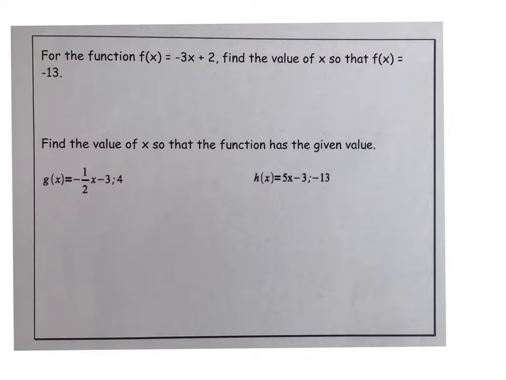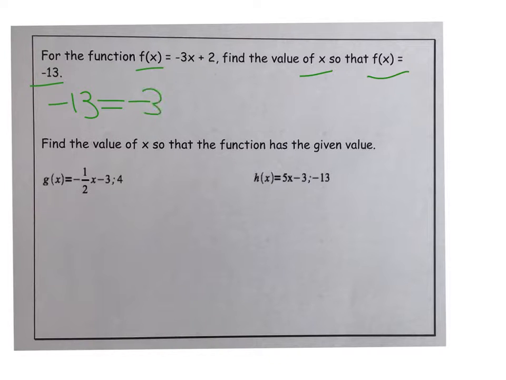In these types of problems, it's a little bit different. It says here, for the function f of x is equal to -3x plus 2, find the value of x so that f of x is equal to negative 13. So if f of x is equal to negative 13, I'm going to put that right where that goes.